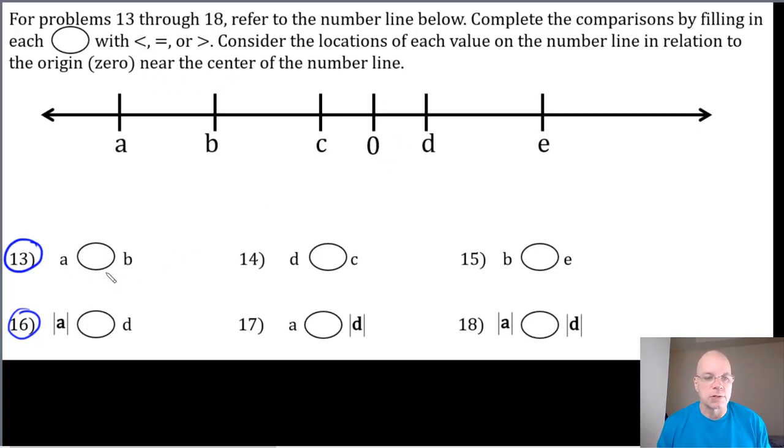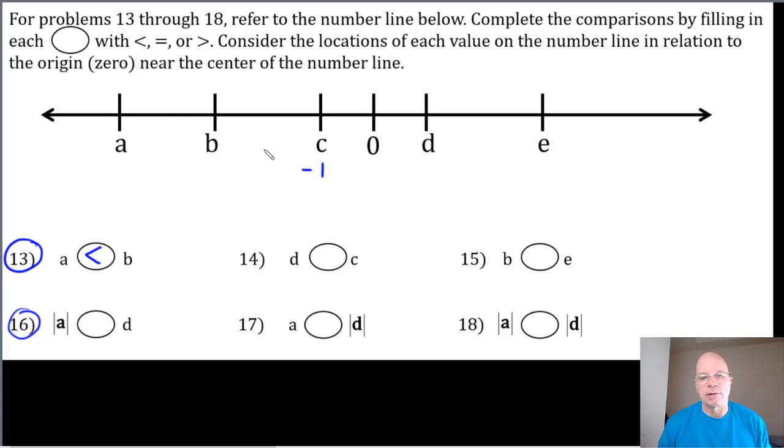So in this first comparison for 13, we're comparing A to B. A is negative because it's to the left of the 0, and B is also negative because it's to the left of the 0. But since A is further left than B, A is less than B. You can conclude that without even knowing what the numbers are, but if it's helpful to assign reasonable numbers, C, which is the first one I run into as I'm going left, could be negative 1.